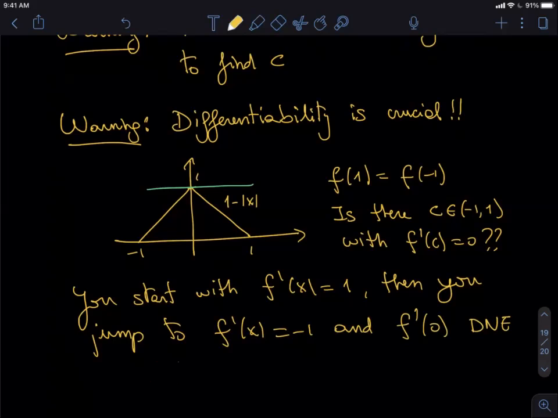So we need to be very careful, because if the function is not differentiable, then the change in the slope may be very abrupt, and then we may not find the f prime as we want.